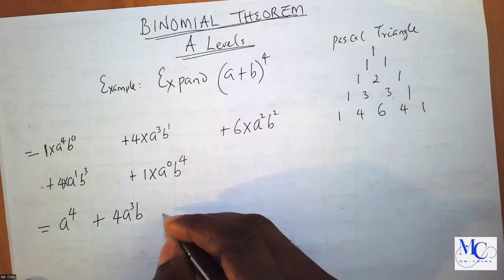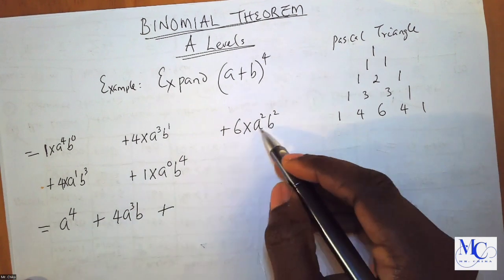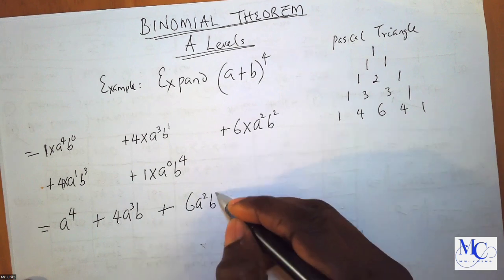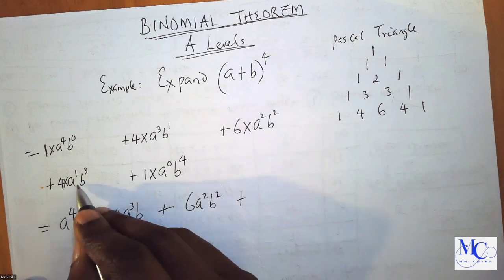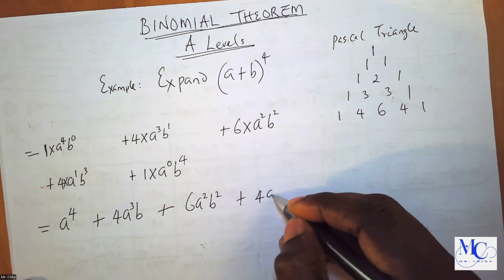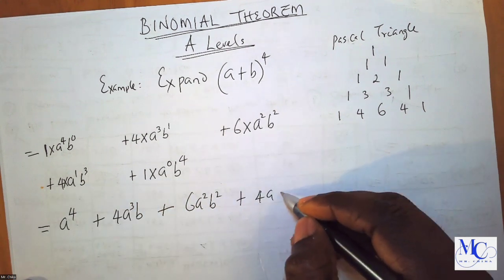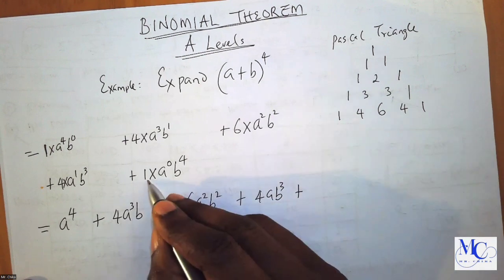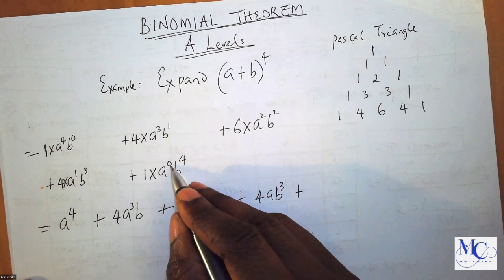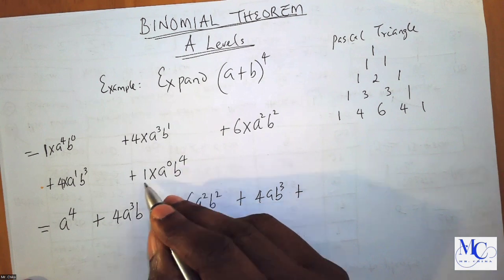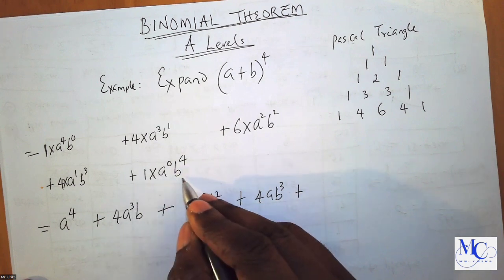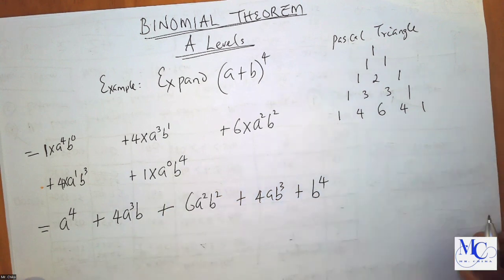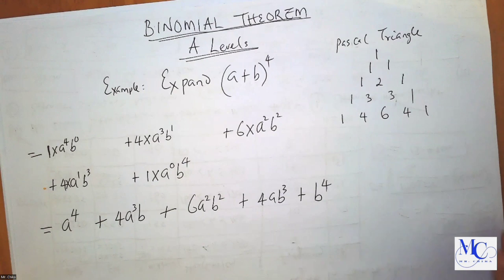Plus 6a squared b squared, plus 4 times a times b cubed. And finally, 1 times a to the power of 0, which is 1, times b to the power of 4, so it just gives you b to the power of 4. So that's it.